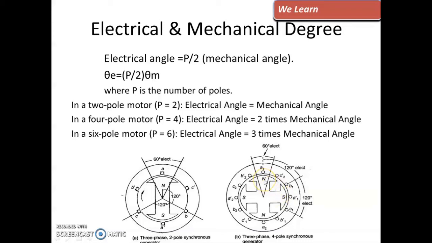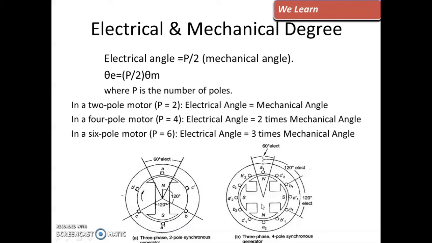And by the time the conductor moves from north pole through south pole to north pole, it will have completed one complete cycle. So here for one cycle the rotor was completing one rotation, but here for one cycle the rotor is just completing half a rotation and you are getting one full cycle. So for the complete rotation of this four pole machine rotor, you will have two cycles of EMF induced.